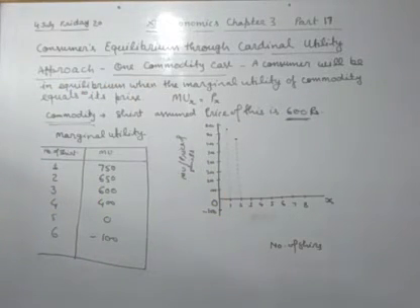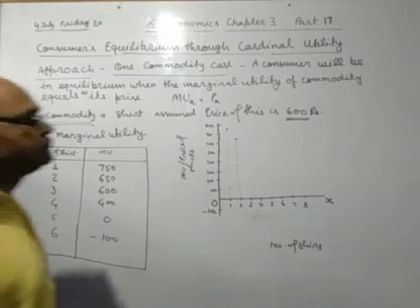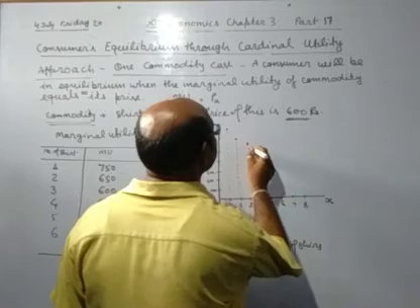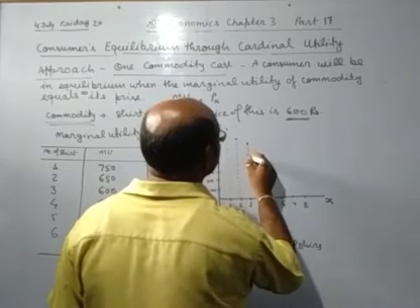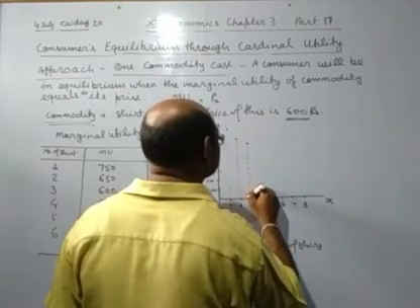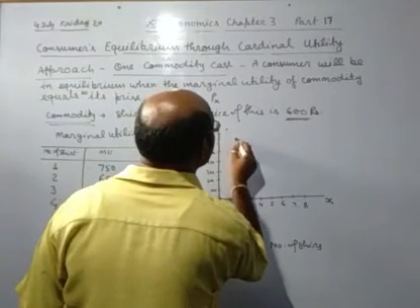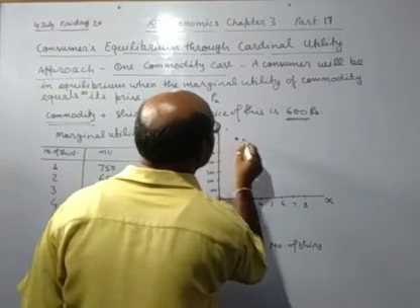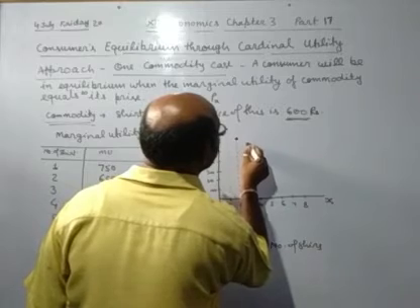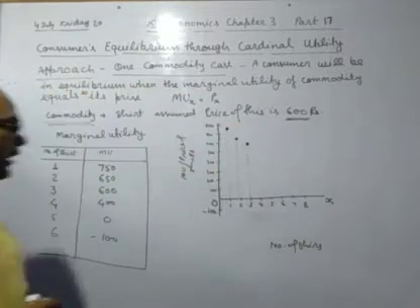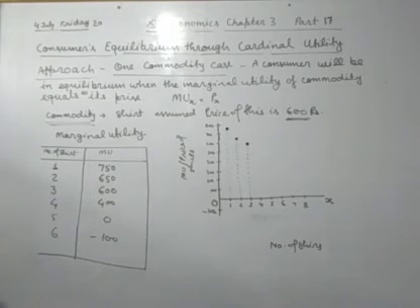For the third, only 600. For the fourth, only 400.